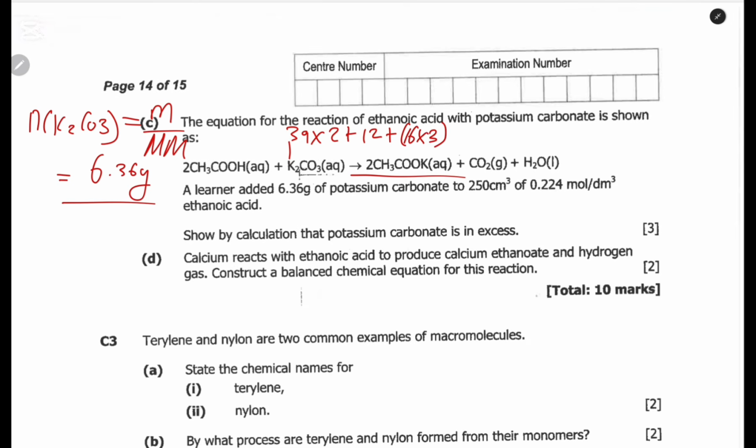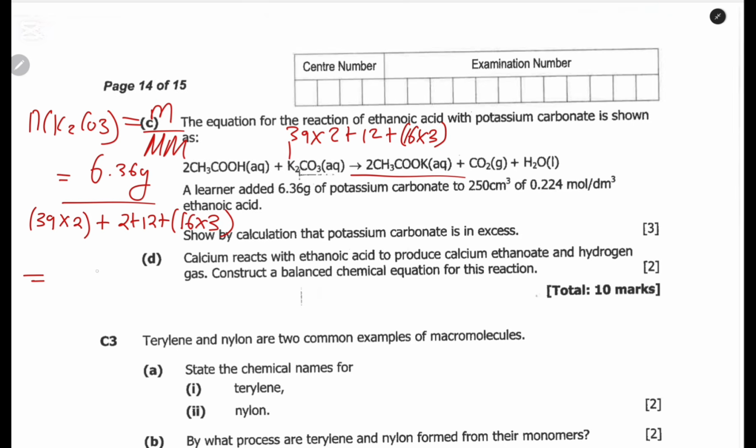So if you are to add everything here, what is it giving us? Okay, so if you are to multiply at the bottom here, 39 multiplied by 2, plus 12, plus 16 multiplied by 3. So what are you able to find?